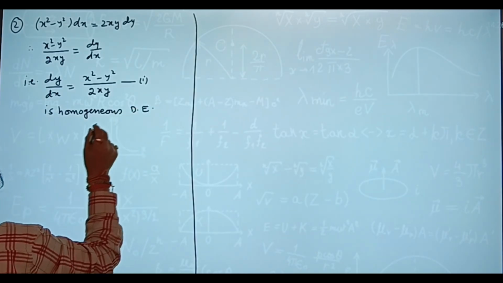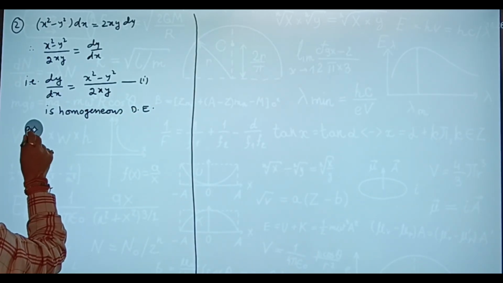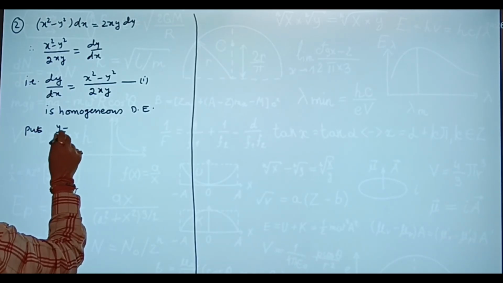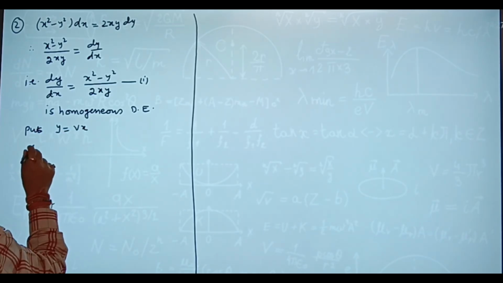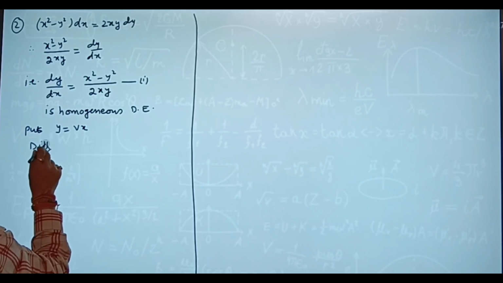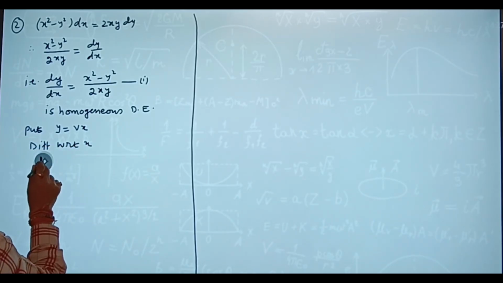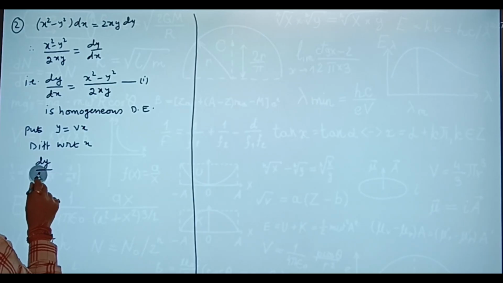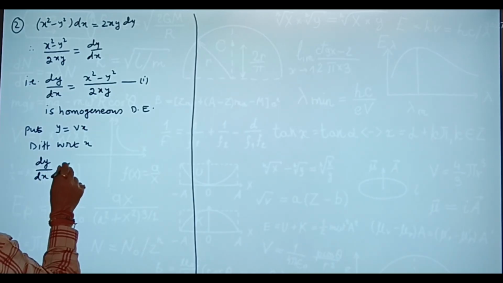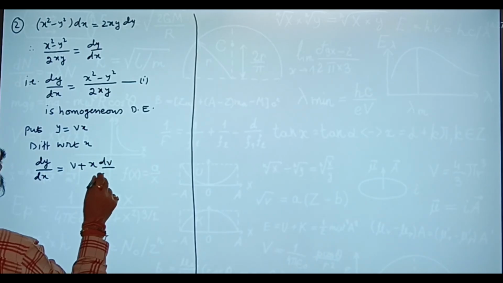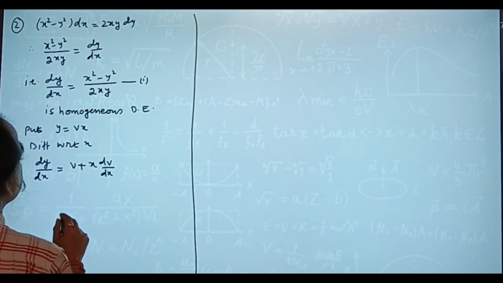Put y is equal to vx. Differentiating with respect to x, dy by dx is equal to v plus x dv by dx.